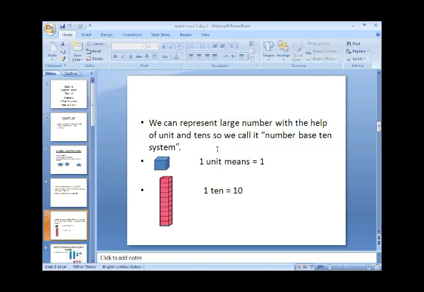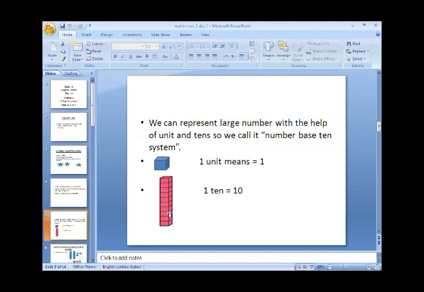We can represent large numbers with the help of units and tens. So we call it the base ten system. Here you can see there is a small block. This small block shows 1 unit and 1 unit means 1.